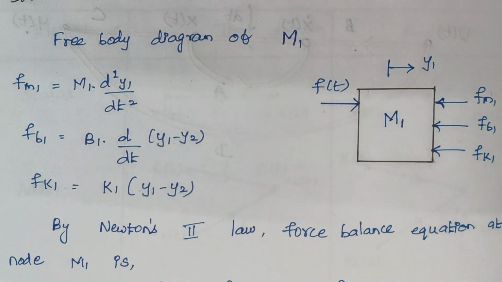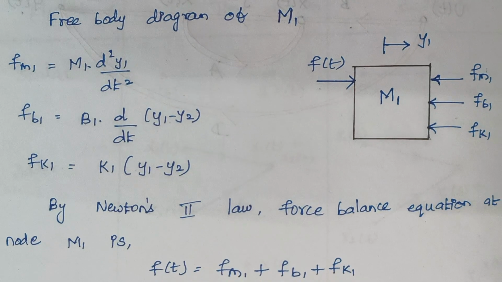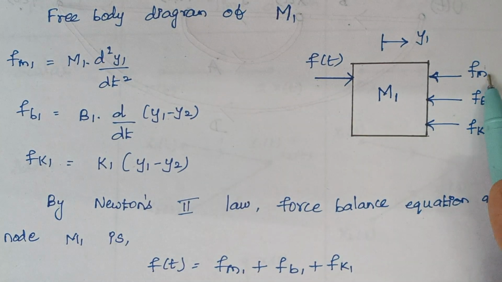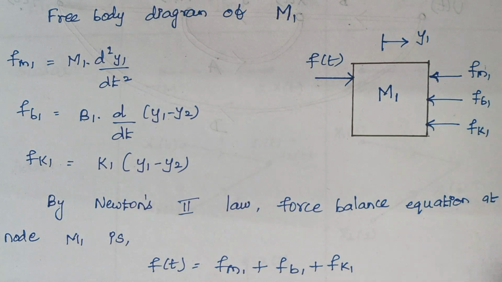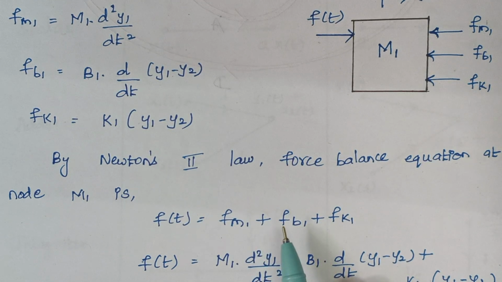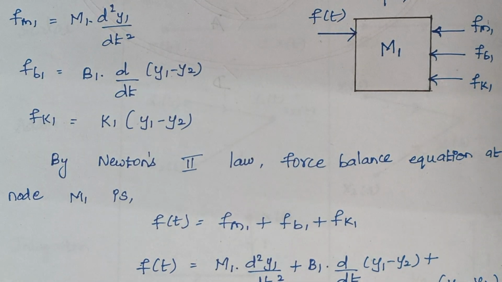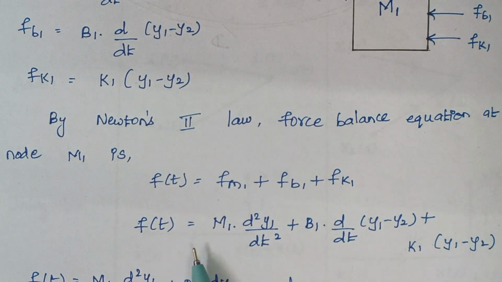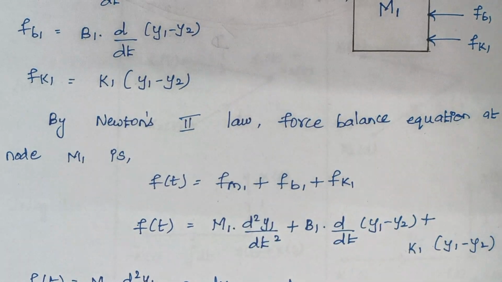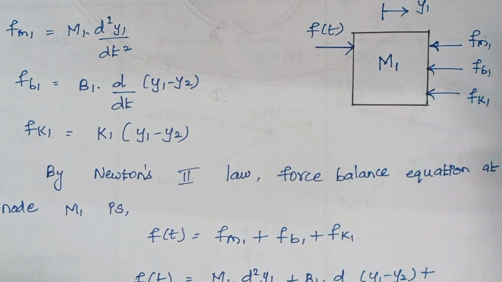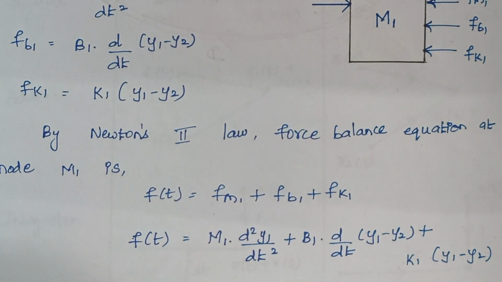Now, by Newton's second law, we write the force balance equation at node m1. Here this is your applied force and these are the opposing forces. So f of t is equal to fm1 plus fb1 plus fk1. Now substitute the respective expressions. fm1 we know, so write this expression over here, similarly for fb1 and fk1.